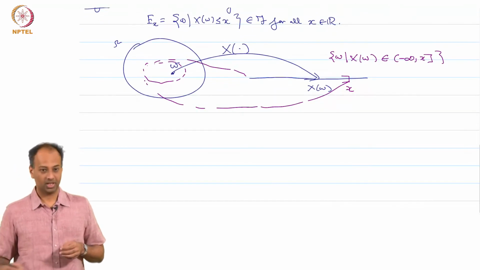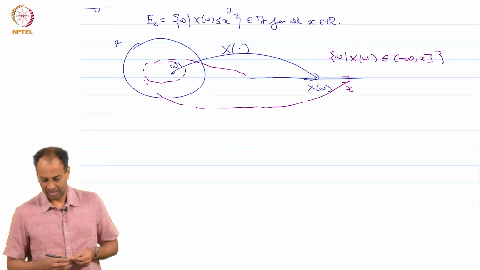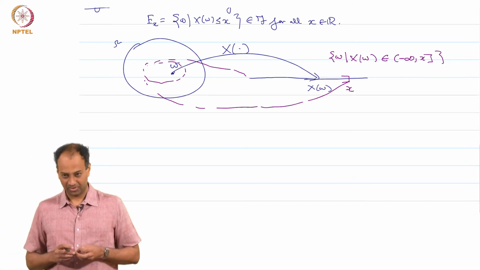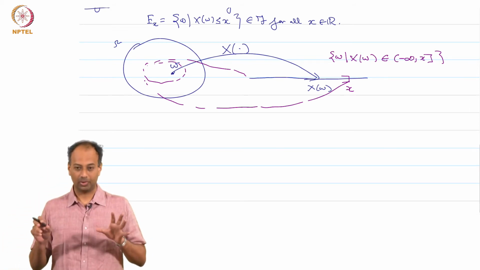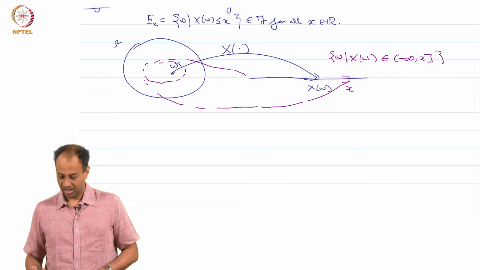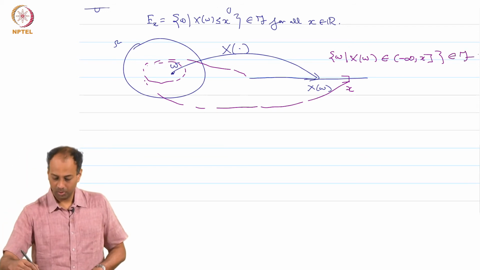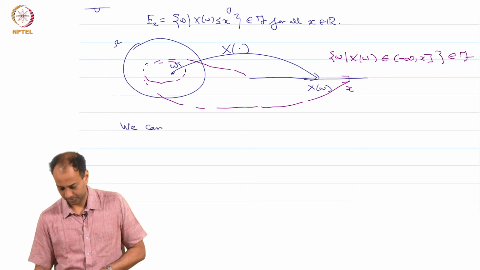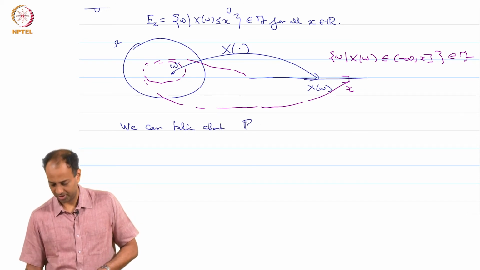So, why do you want to impose this condition? The reason is pretty obvious. Suppose this is satisfied, that for every little x, X of omega less than or equal to x is an event. So, this guy is an event, right. So, then what can you do? You can talk about the probability of it.